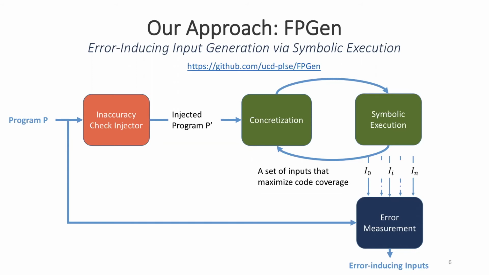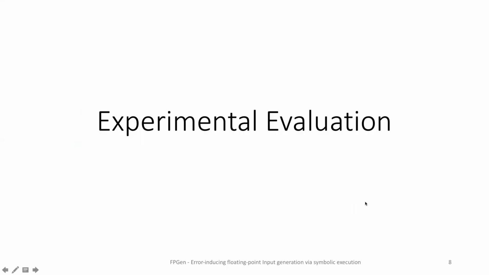Otherwise, we will redistribute concretized and symbolic variables in the input variables and redo concretization and symbolic execution. This process can be repeated until time is out. The third module, error measurement, takes a set of inputs generated by symbolic execution. It measures the error triggered by each input to identify error-inducing inputs.